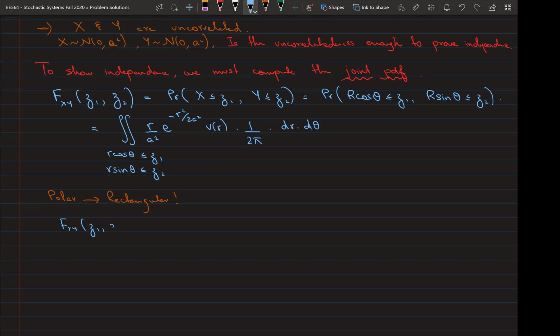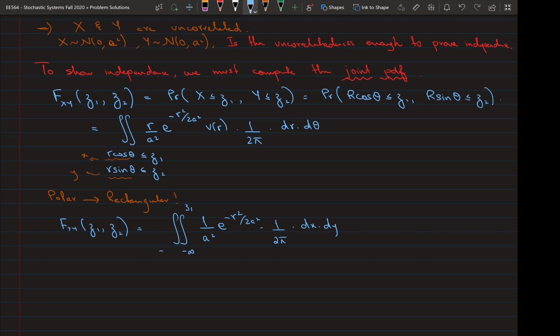So the joint CDF evaluated at Z1 and Z2 is this double integral of what? 1 upon a squared e raised to the power minus r squared by 2a squared times 1 upon 2 pi times dx and dy, and x is r times cosine theta. Remember this, this thing here is x, this thing here is y, and therefore the integral over x goes from minus infinity to Z1.